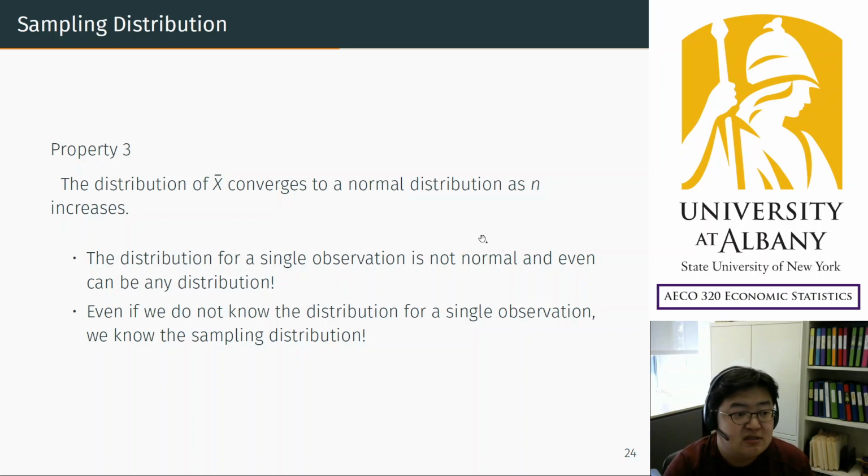In other words, you see how powerful this is. You don't need to know the underlying distribution. I don't need to know what the dice looks like. What I only need is the parameters, the mean and the variance, which is easy to calculate. If you can calculate the mean and the variance, then automatically you can apply them to the normal distribution.